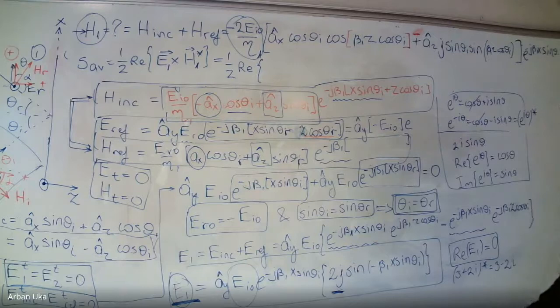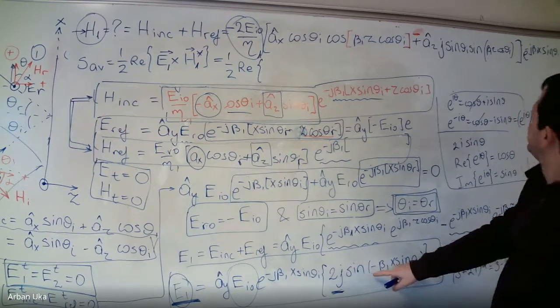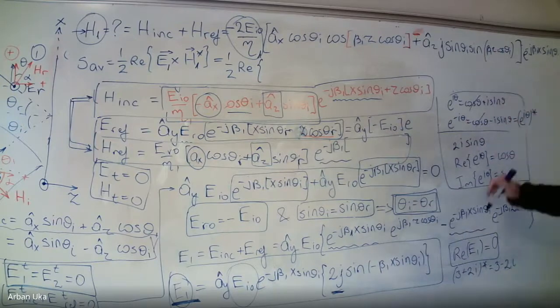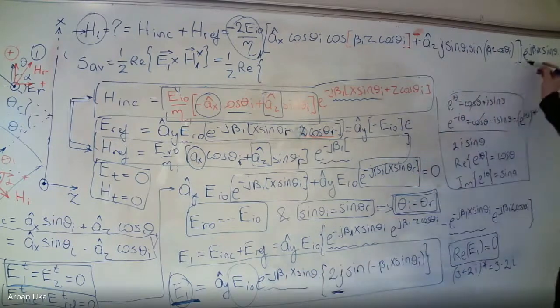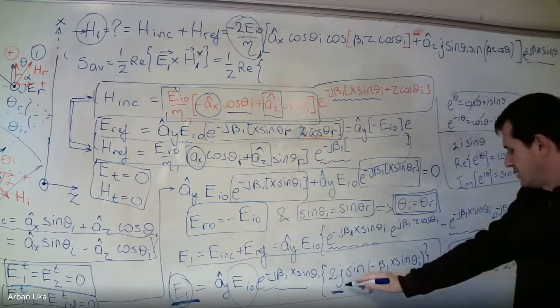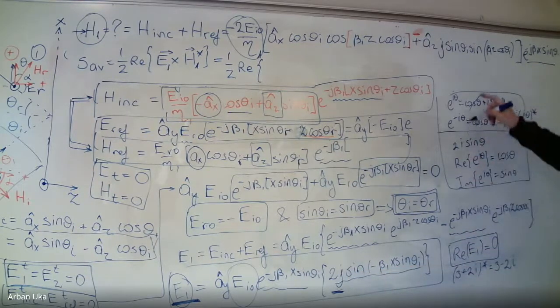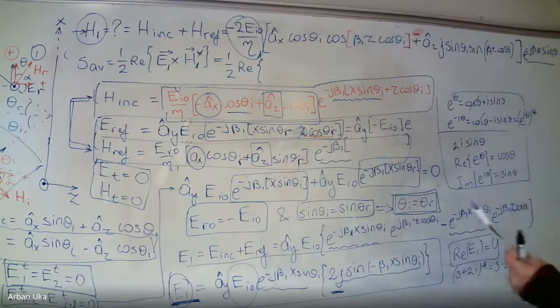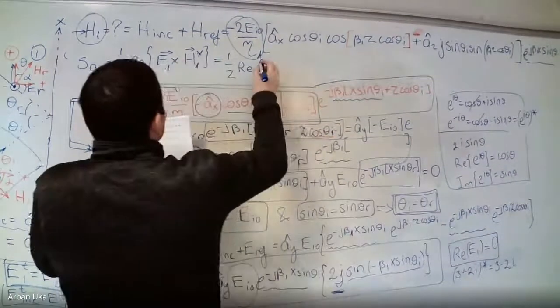This will always be there, and because we have to consider the real part, it also has to include the direct multiplication of this term here, and also sine theta I, sine theta, and the sine squared terms will also survive in the final term. Let's see what we're going to get.